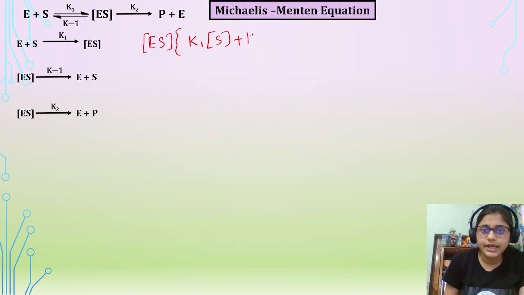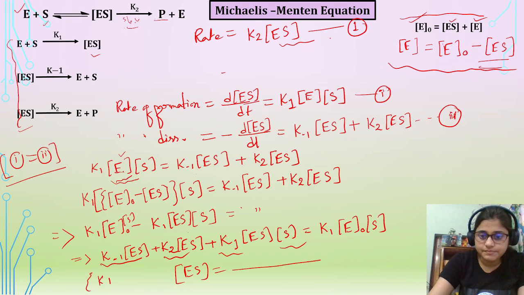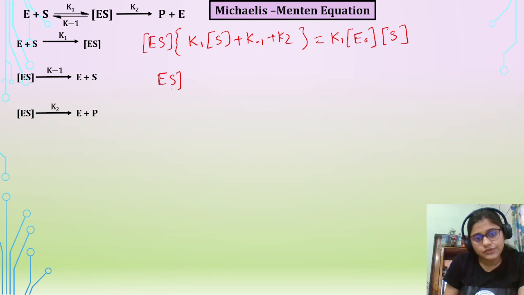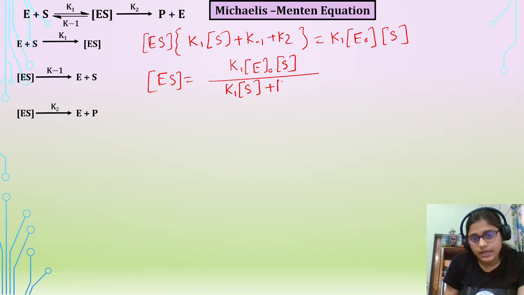So it will be K inverse plus K2, and this will be equal to K1 E0 S. So the ES concentration will be K1 E0 S divided by K1 into S plus K inverse plus K2.